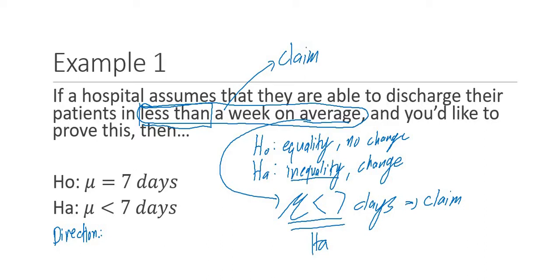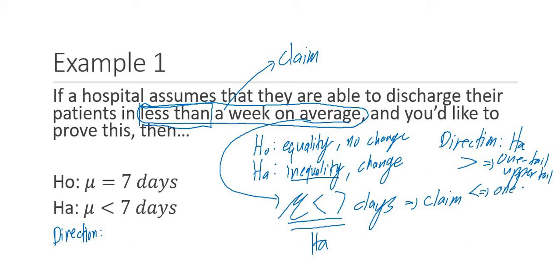So, as you might have seen, or as you might have remembered rather, the direction actually depends on the alternative hypothesis that we got. If the direction of the alternative hypothesis or the symbol that is used is greater than, then this is a one tail, upper tail. If the symbol is less than, then we have one tail, lower tail.